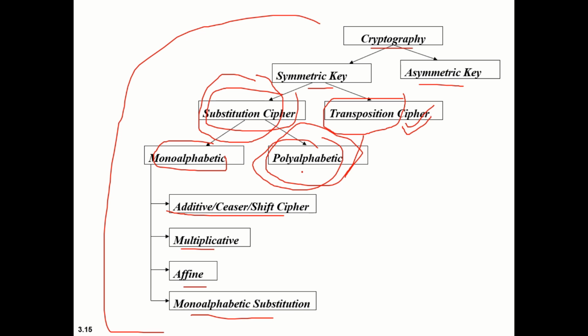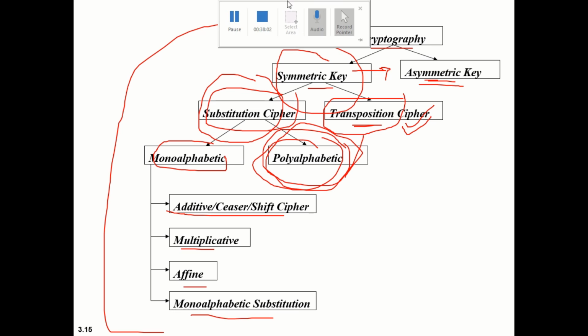This is the hierarchy we are following. After completing it, we'll move to transposition ciphers and then to asymmetric ciphers. We will also cover some famous symmetric key algorithms, and then we will move to asymmetric key cryptography. Okay, that's all for now.